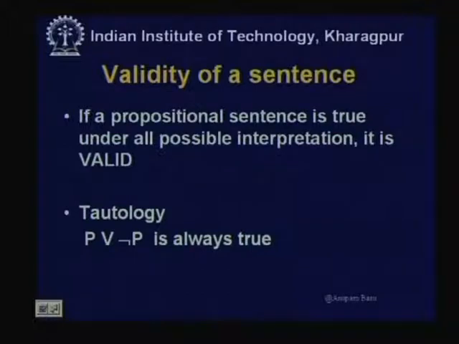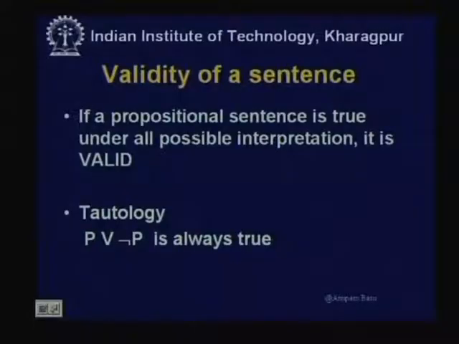A propositional sentence is said to be valid if, under all possible interpretations, it is true. Irrespective of the world in which you interpret it, if the propositional sentence always evaluates to true, then it is a valid proposition.